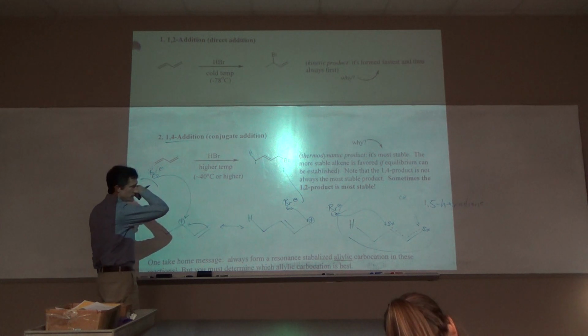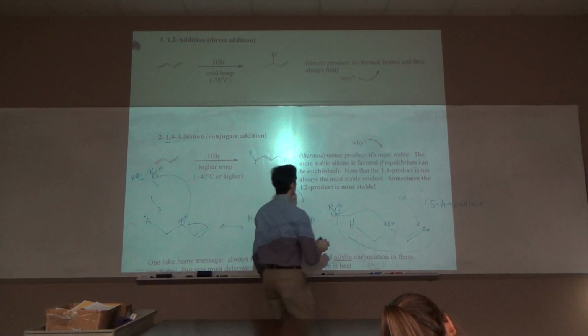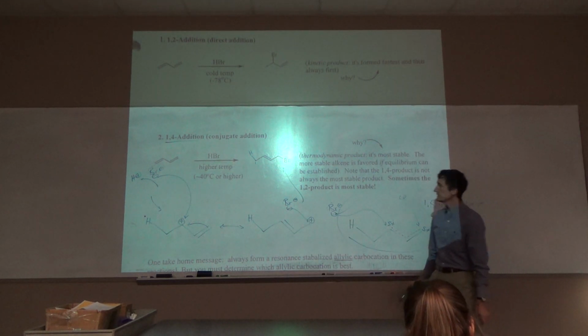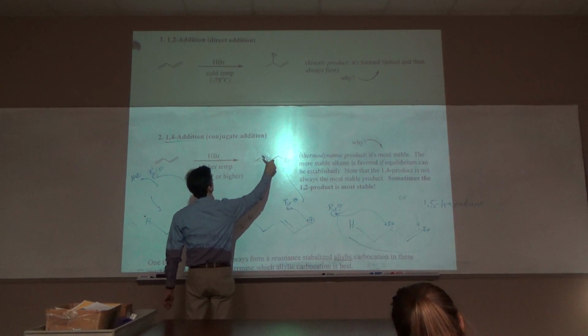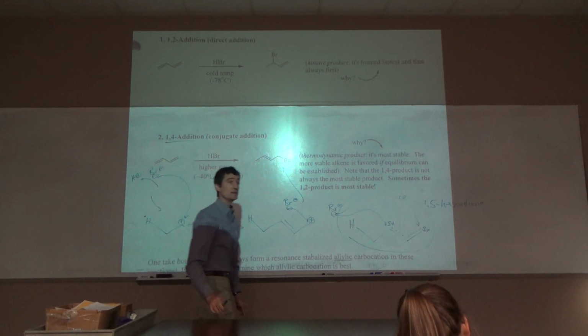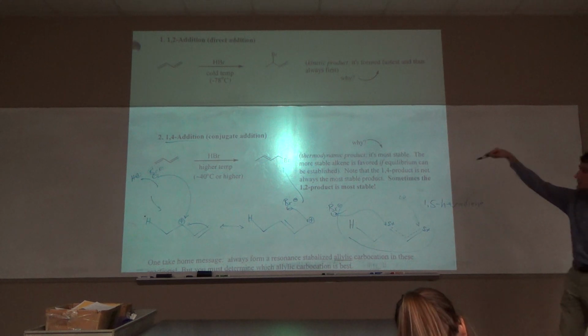Okay, this is known as a thermodynamic product. It's not formed fastest. Thermodynamic refers to stability. It's more stable. Why is this product more stable than the above product? It has to do with the alkene. Which alkene is more stable? Top or bottom?